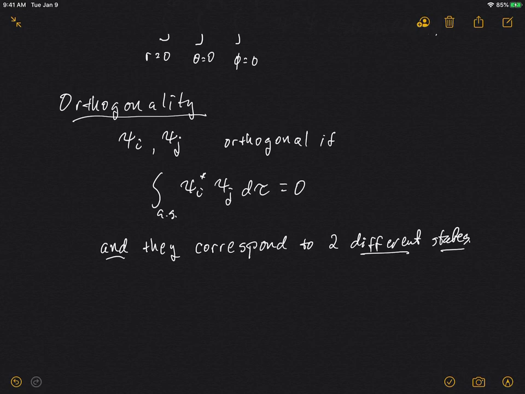And maybe that guess function is going to have some parameters in it. And so then we can set up this orthogonality integral and determine what those parameters are that will give rise to another state that's different from the state that we started with.